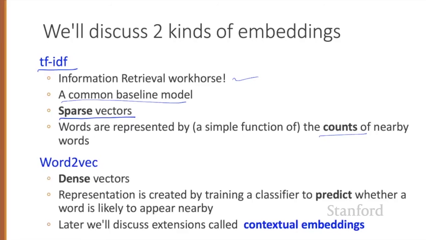We'll also introduce word2vec, the simplest kind of dense vector model. In dense vector models, most of the values are non-zero, and these vectors will be much shorter vectors than TF-IDF vectors. Word2vec representations are created by training a classifier to predict whether a word is likely to appear nearby or not. Later on, we'll discuss even richer kinds of embeddings called contextual embeddings.